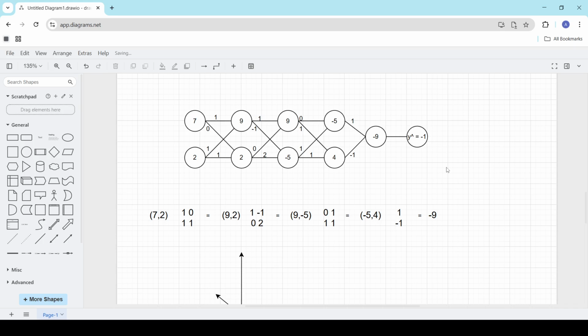Okay, y hat is -1, and then in our training data, we check this person and see if they were actually accepted or not. So we have y equal to 1 or -1. Let's say here it's equal to 1.